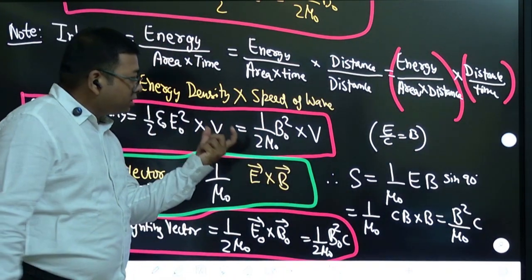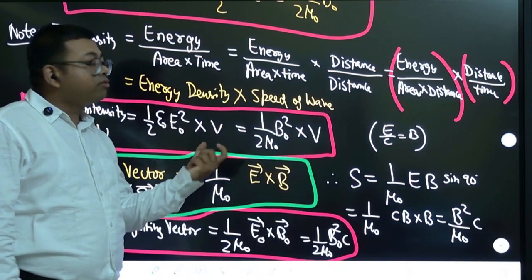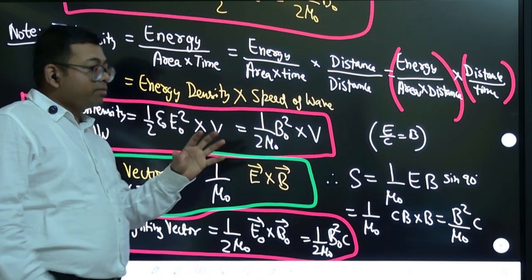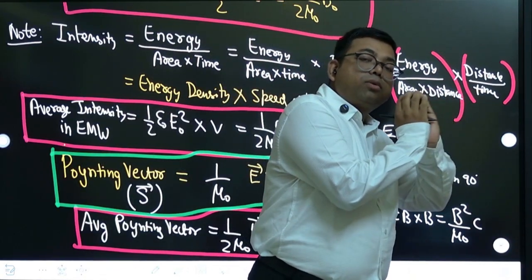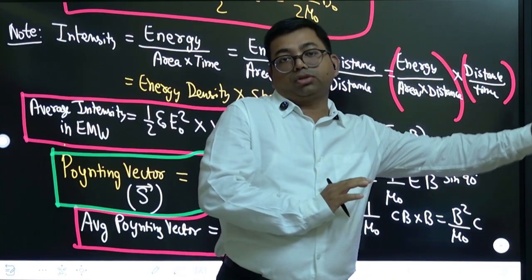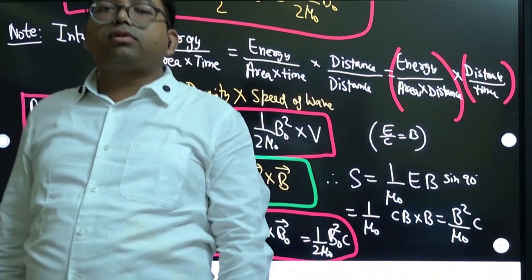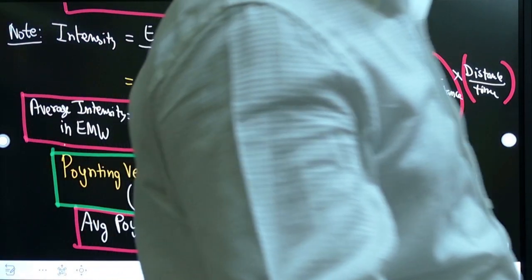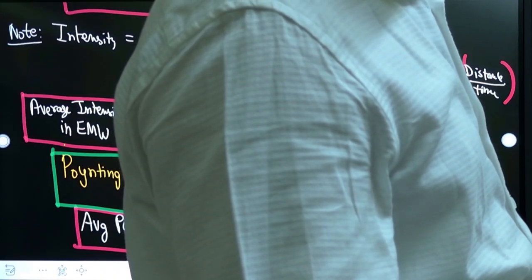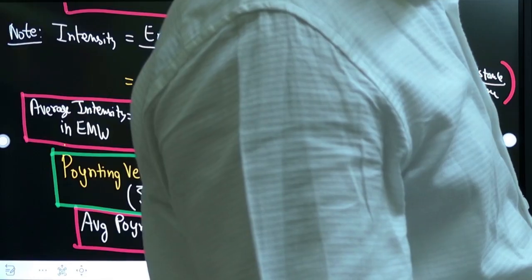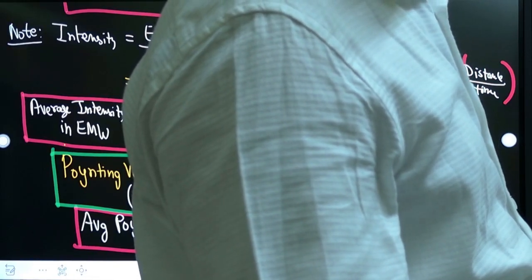How much energy is propagating per unit volume? Suppose I take this 1 centimeter cube. In 1 centimeter cube, how much energy is going in this direction? That is the meaning of the Poynting vector. Yes, are you clear about it? Anyone any doubt in this?